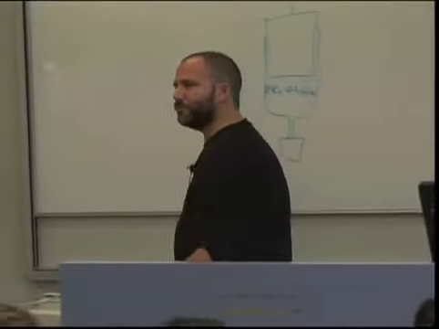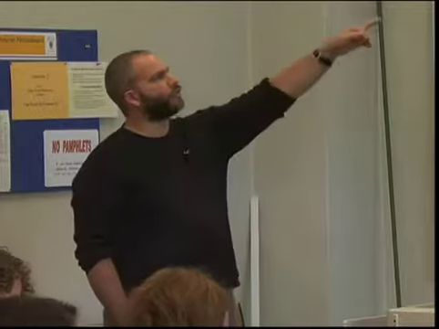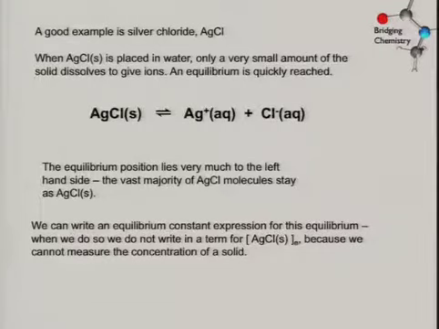Because it's an equilibrium, we can write an equilibrium constant expression for this equilibrium, but it's going to be a little bit different to the ones we've seen earlier because, of course, all of the reactants in this case are solids. There's only one reactant, and it's a solid, and so you don't put solids in. And so the equilibrium constant expression for these sorts of equilibria is quite a lot more simple than the ones that we've already seen.